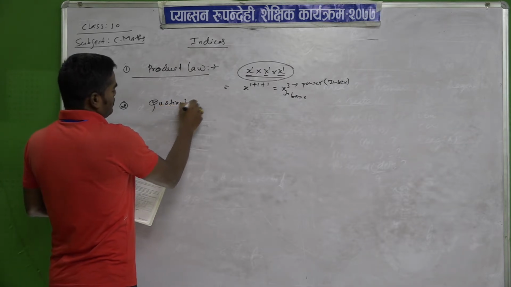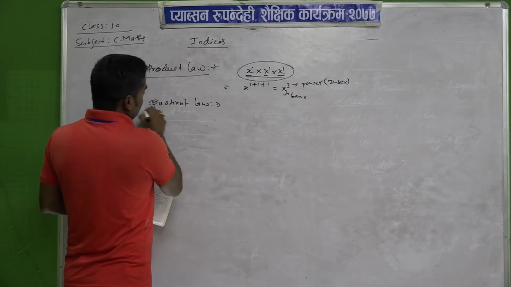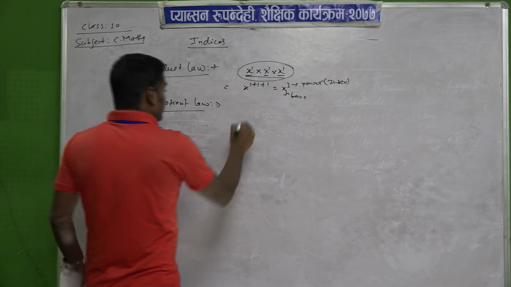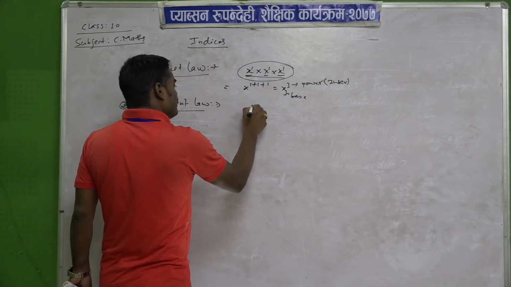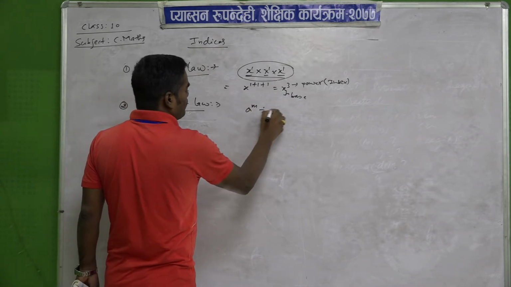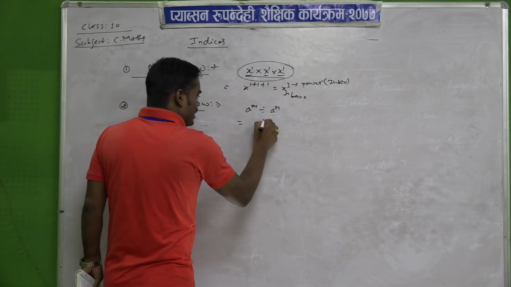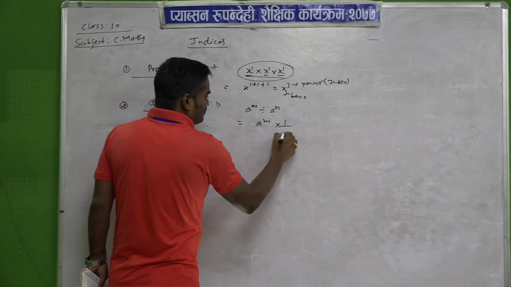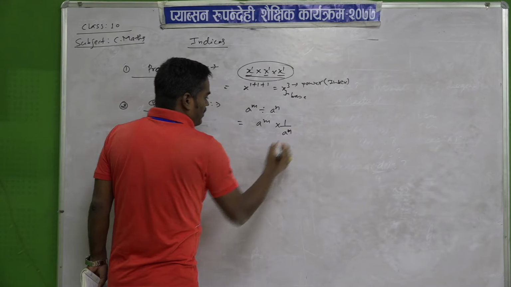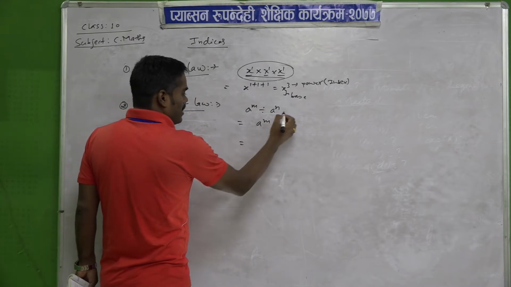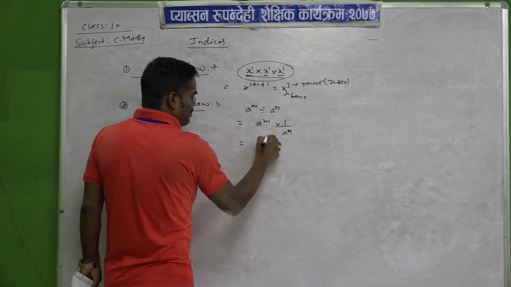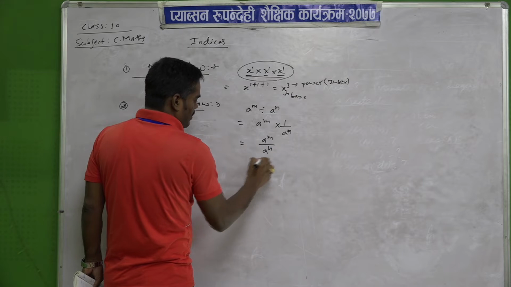Second is quotient law. Suppose we have a power m into 1 by a power n, so we can write a power m upon a power n.